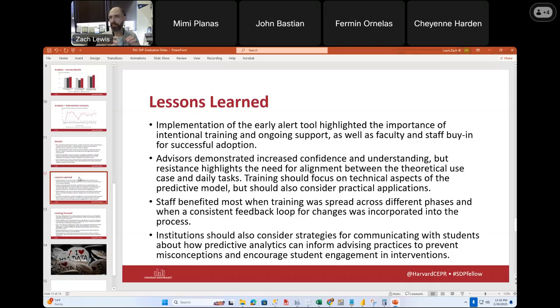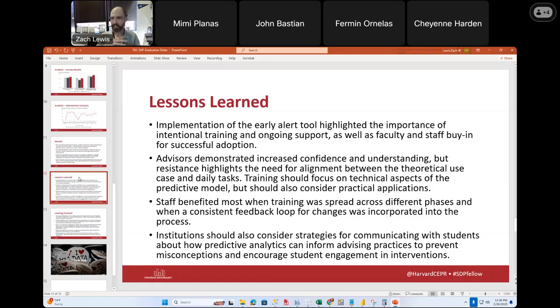And even though theoretically I think folks are on board with the idea, the practical day-to-day applications did present some barriers. And so those are things that we still need to work through, specifically around how we're communicating with students based on these things and a need to reinforce that after interventions happen, there is a successful outcome for students on the back end of that work.